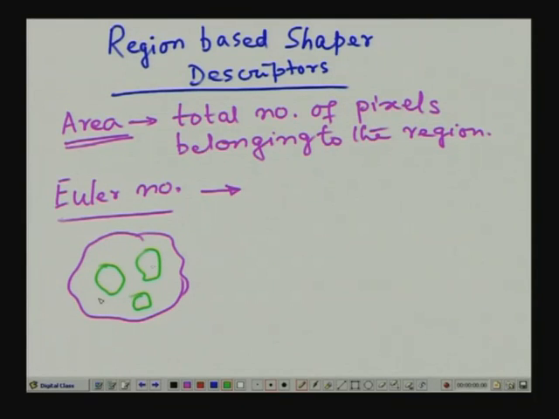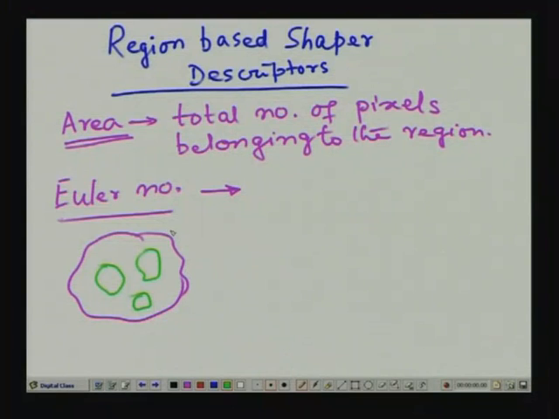So, in this particular case I have one connected component of the region, and within this connected component I have a number of holes. There is one connected component and there are 3 holes.